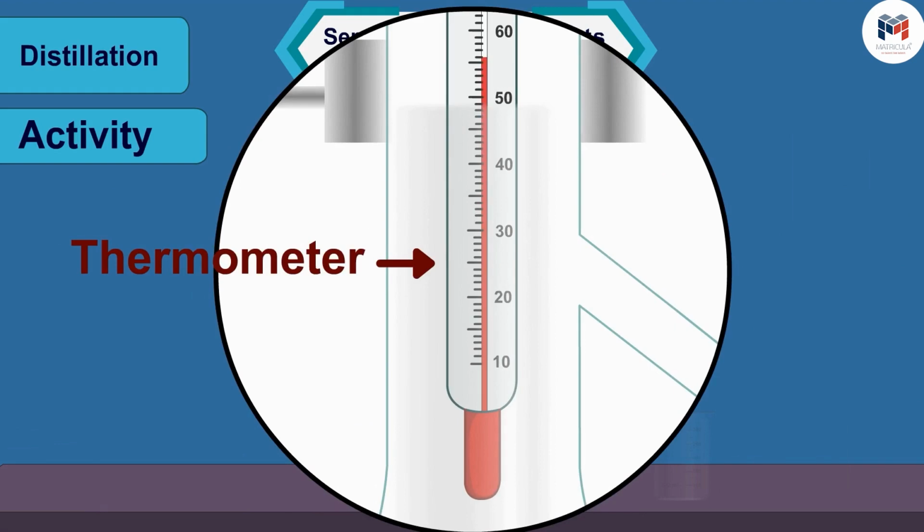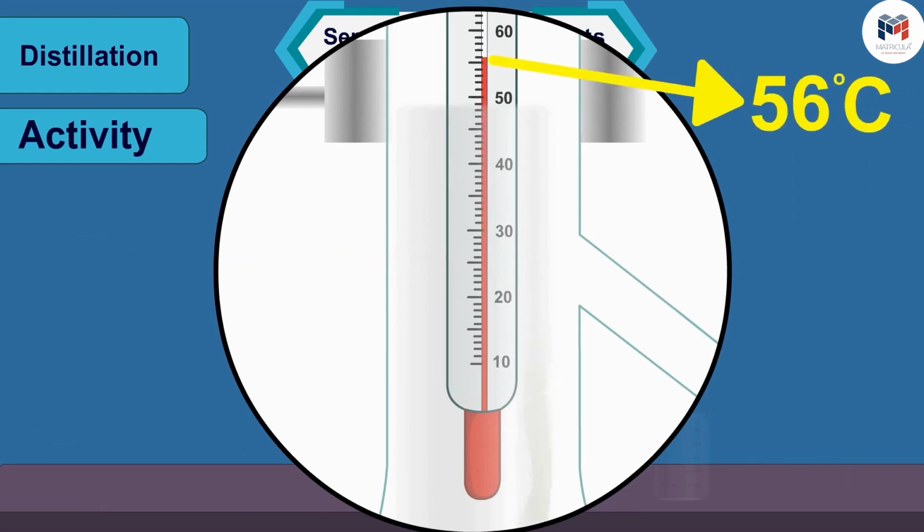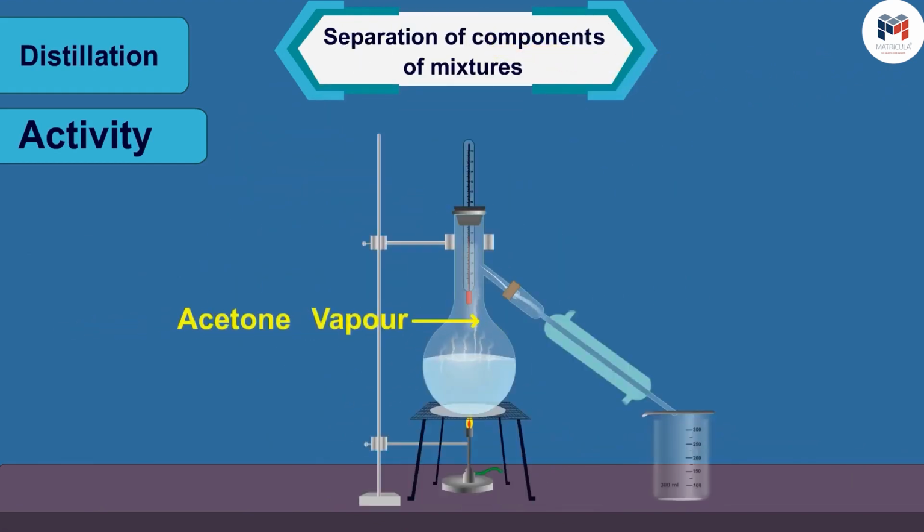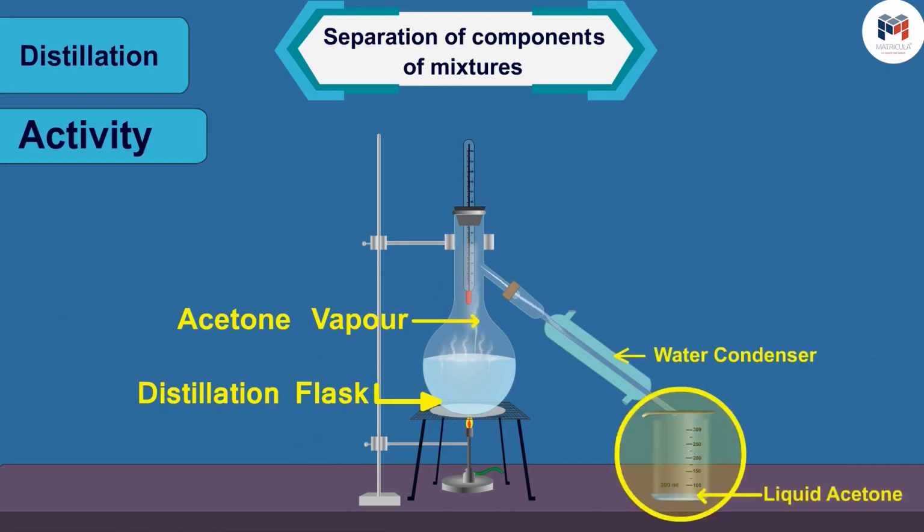Vapor of acetone appears to rise in the flask at approximately 56 degrees Celsius. This acetone vapor passes through the condenser. It starts condensing and again accumulates in the beaker in the liquid phase.